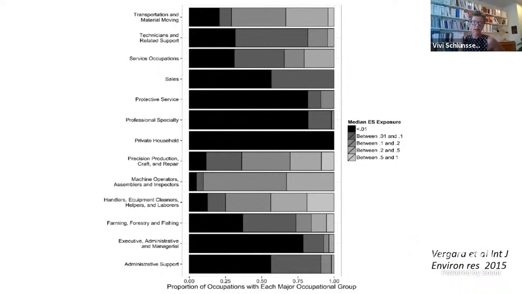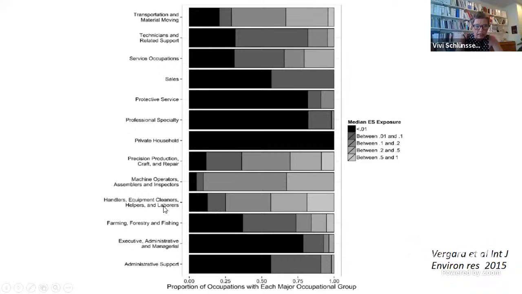It shows the proportion of occupations within each major occupational group for median electric shock exposures. You can see that there are really great differences within the major occupational groups.